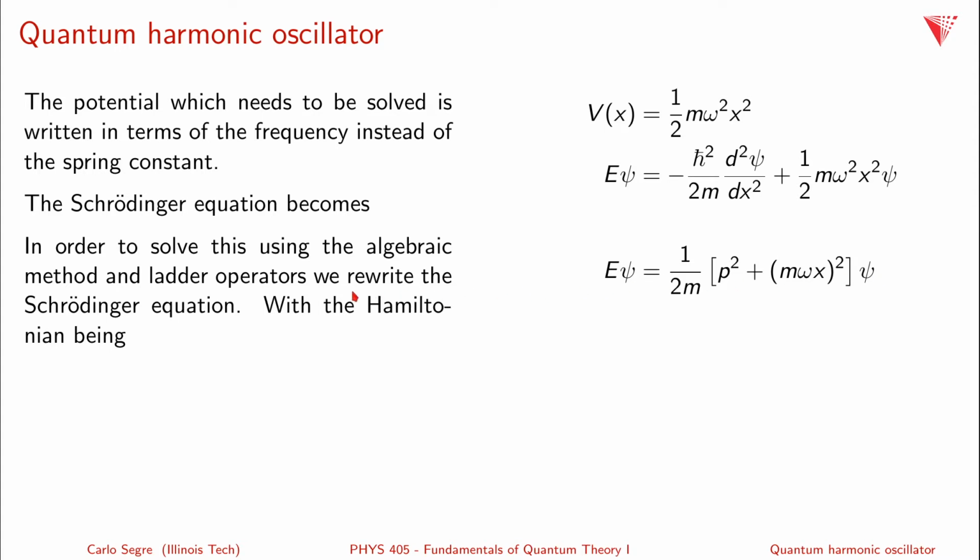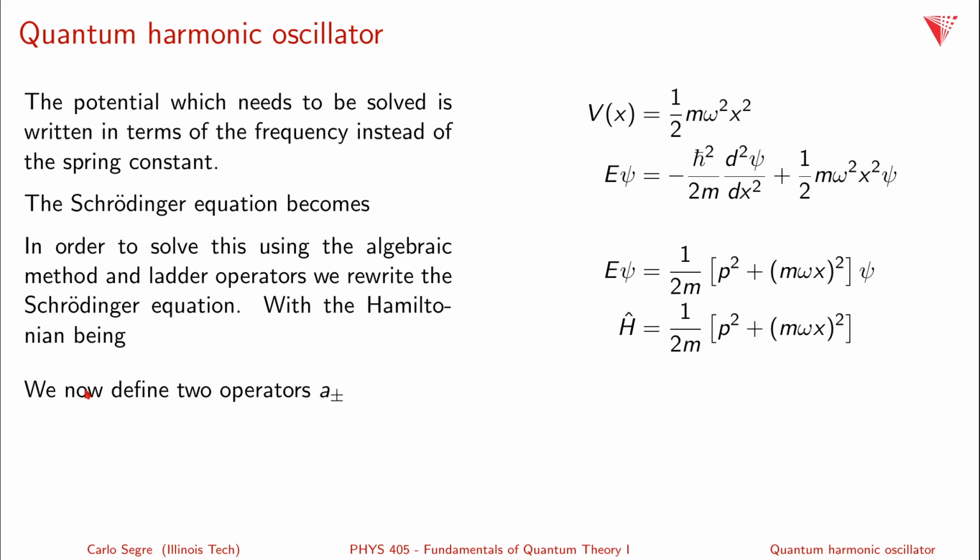And the Hamiltonian clearly is simply this. So the Hamiltonian is 1 over 2m times p squared plus m omega x quantity squared, where p squared is now just this term here. It's minus h bar squared times d squared by dx squared. That's the operator p squared.